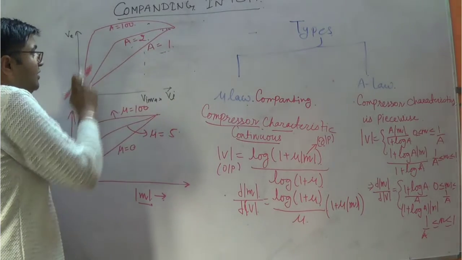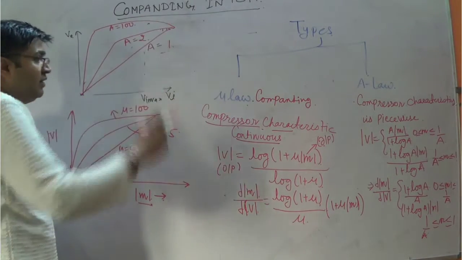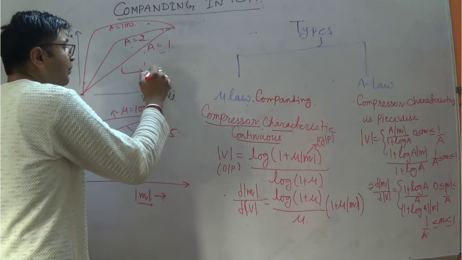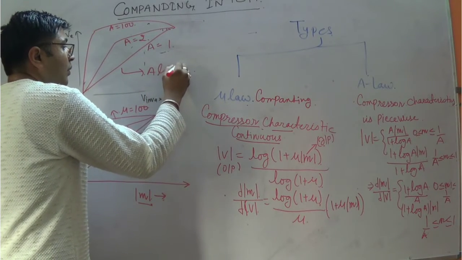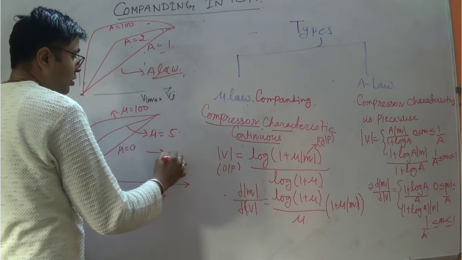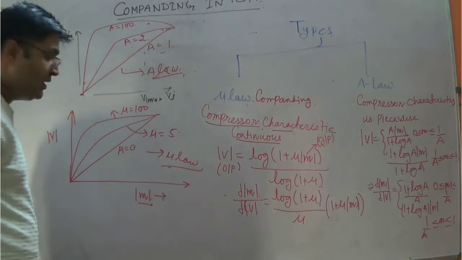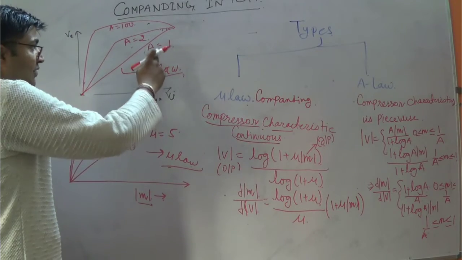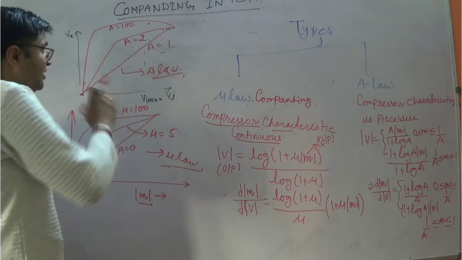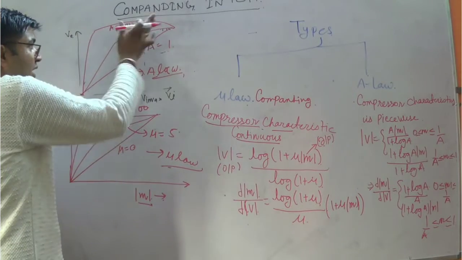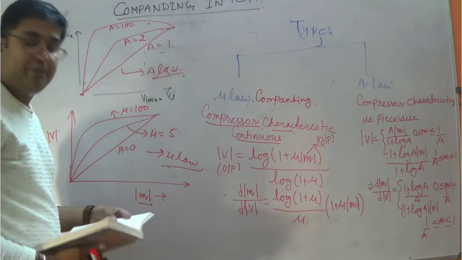So whenever there is a difference between low level and high level, that is A law companding, and this is mu law companding. Whenever there are continuous characteristics, it is mu law, and whenever there are piecewise characteristics where differential step size is used, then it is A law companding.